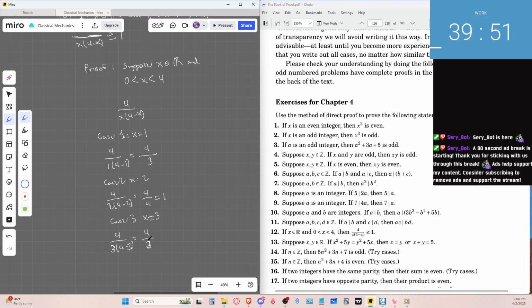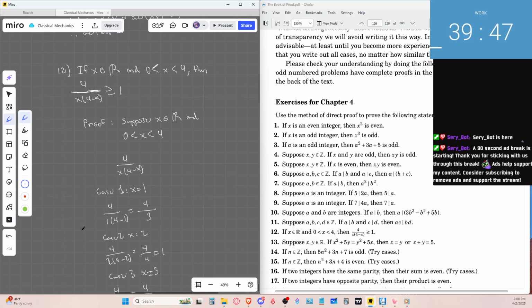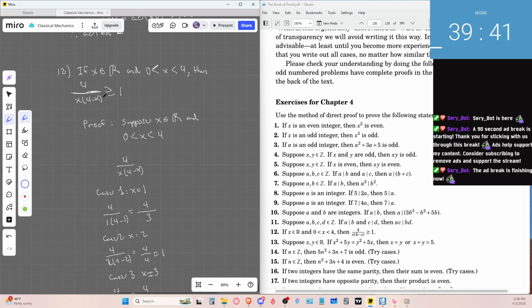So the point is not to solve for x. It's basically just getting this expression to actually show the result we're talking about here.